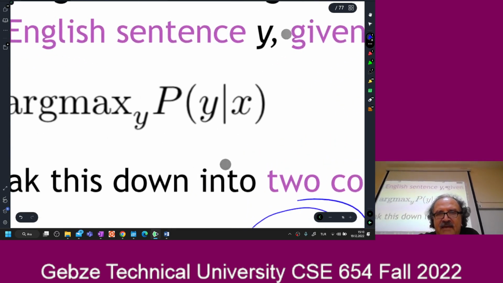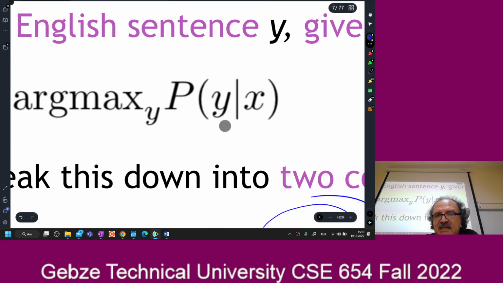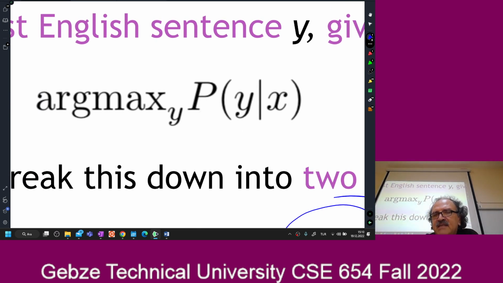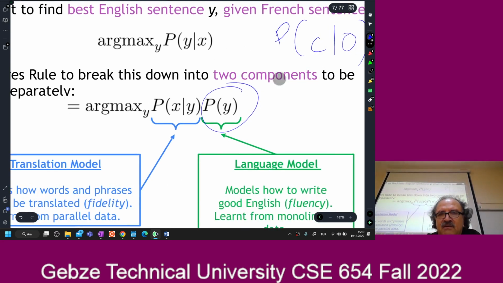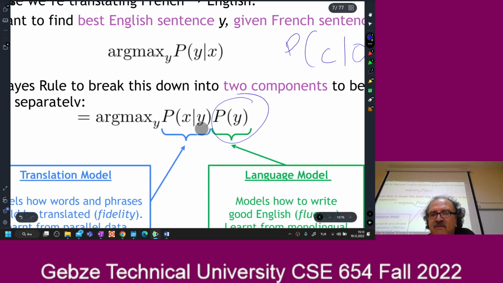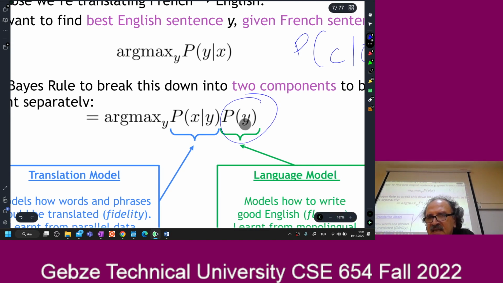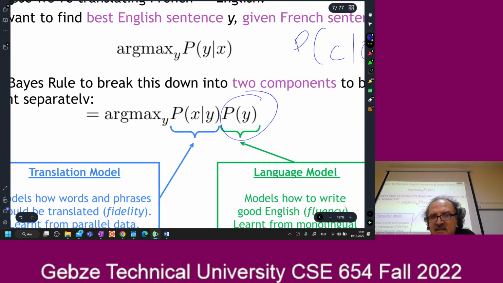So again, given this French sentence, what is the corresponding English sentence that makes this P maximum? Of course, as always, when you see something like this, we always write it using the Bayes rule. We write P(Y) times P(X given Y), where Y is the English sentence and X is the corresponding French sentence, okay?